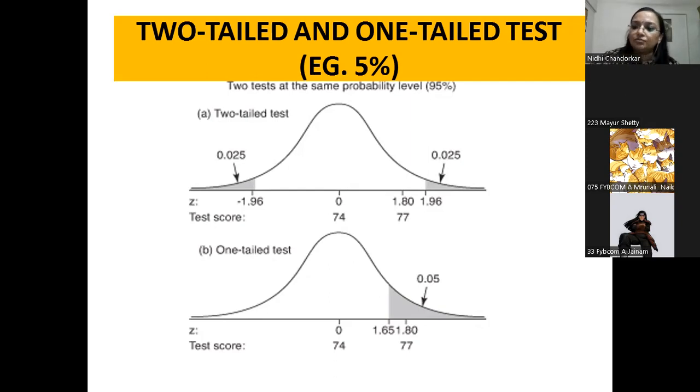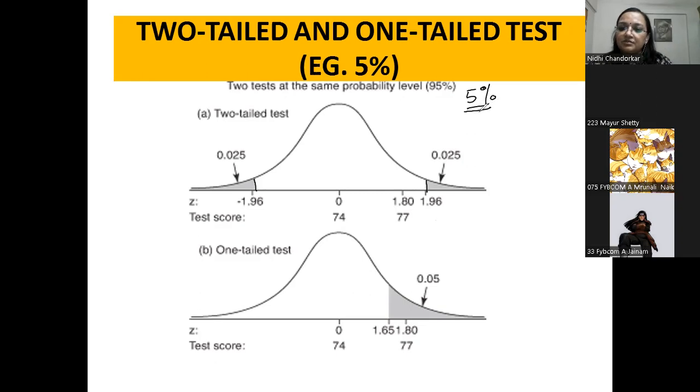So in case of two-tailed test, suppose the level of significance which is given to us is 5%. Okay. So in case of two-tailed test, this 5% will get divided into two rejection areas on both the sides. Because value can be significantly less than 0 or significantly greater than 0. So in such cases, we have to have rejection area on both the sides.